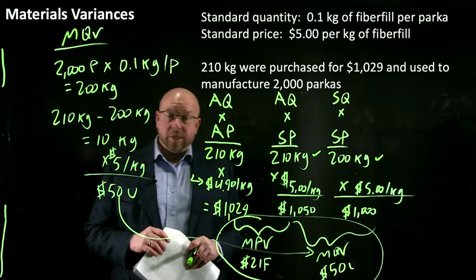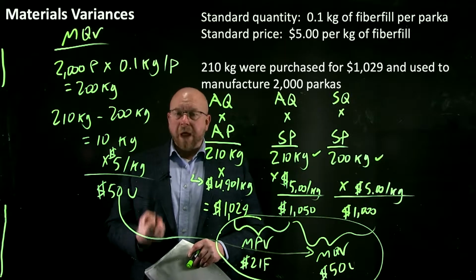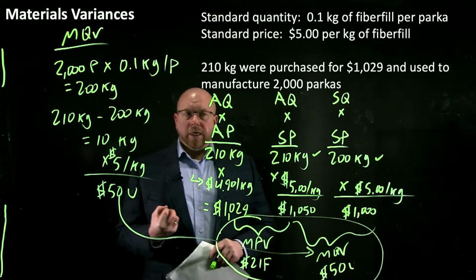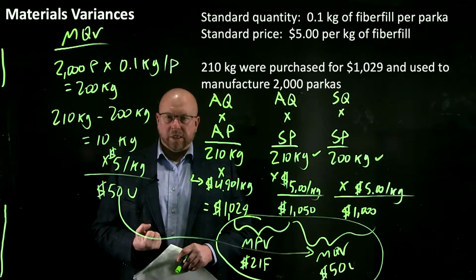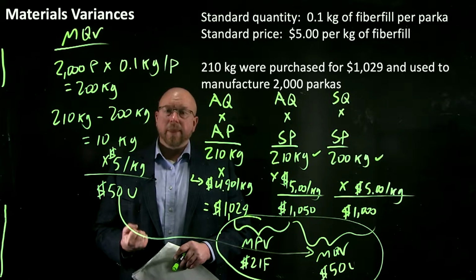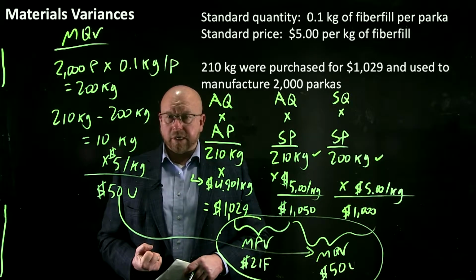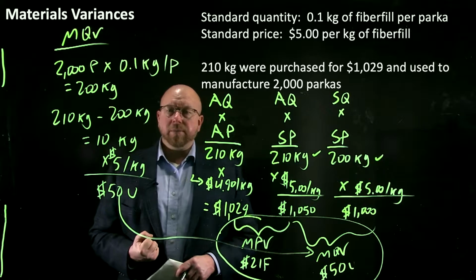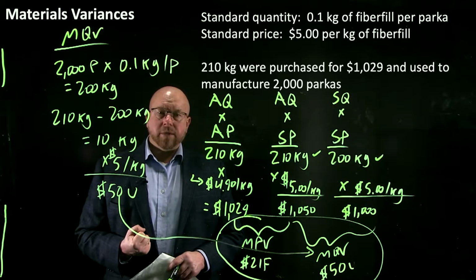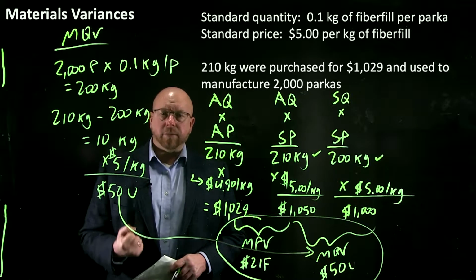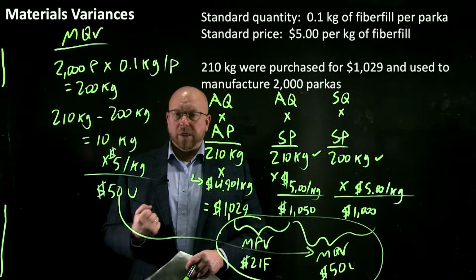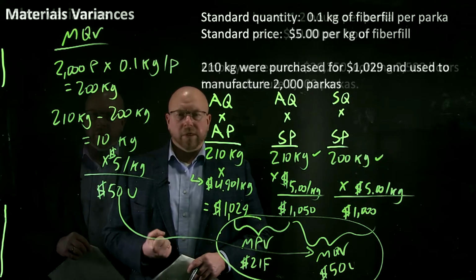So my advice would be this: really master the calculation of how the materials price variance and the materials quantity variance get calculated, and then you can simply apply those same techniques, concepts, that same logic to the labor and the variable overhead, and you should be just fine.